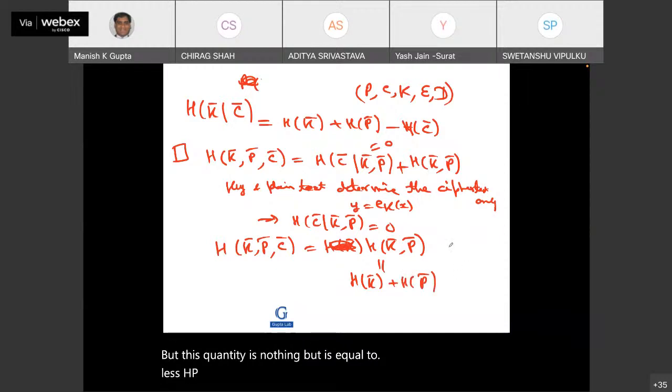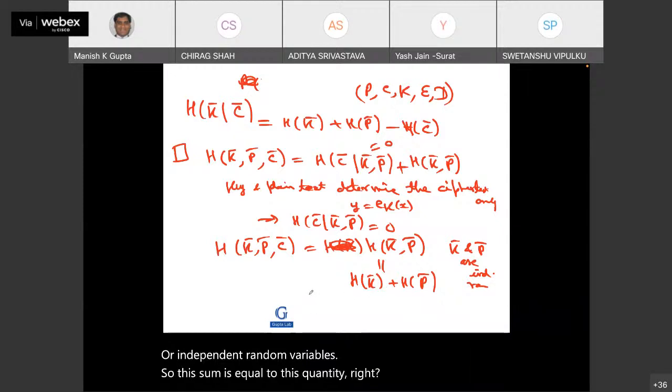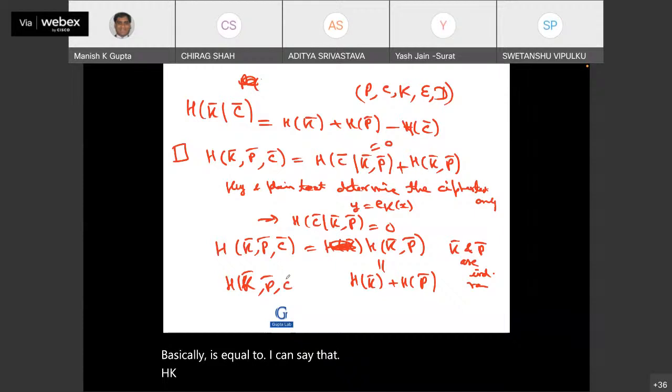Because K and P are independent random variables. So this sum is equal to this quantity, right? So basically H(K,P,C) is equal to this quantity, right? This is one thing.